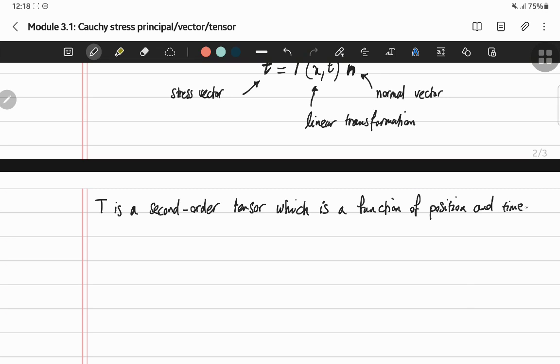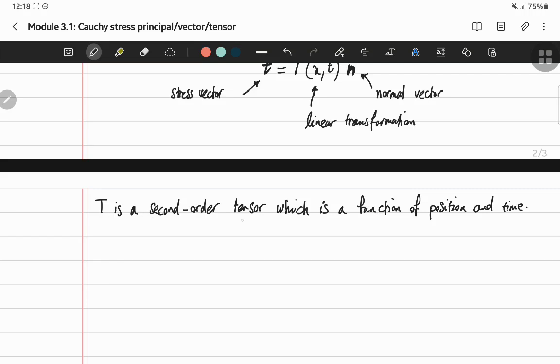So if you have a dynamic kind of problem, you see that every time your transformation is changing, or from one point to another point, it is changing.